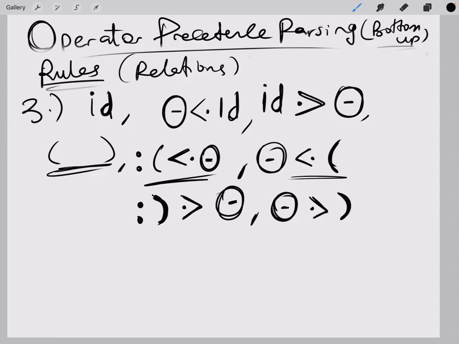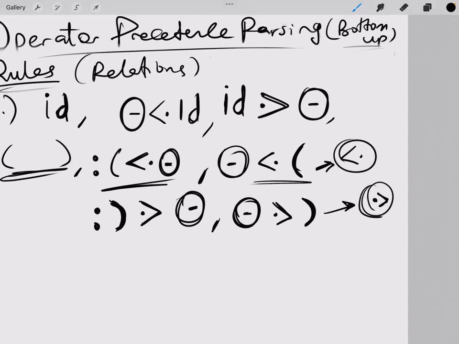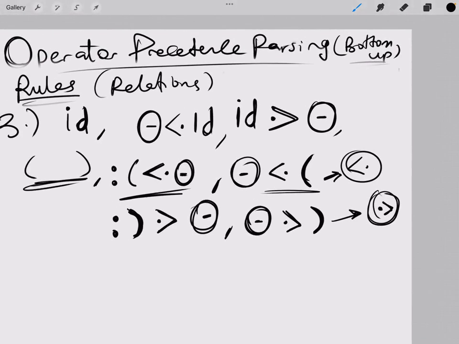So for open, it yields precedence regardless. For closed, it takes precedence regardless of who is first, regardless of whether the operator comes first before the open bracket or not. So this is the final rule that you need to note.